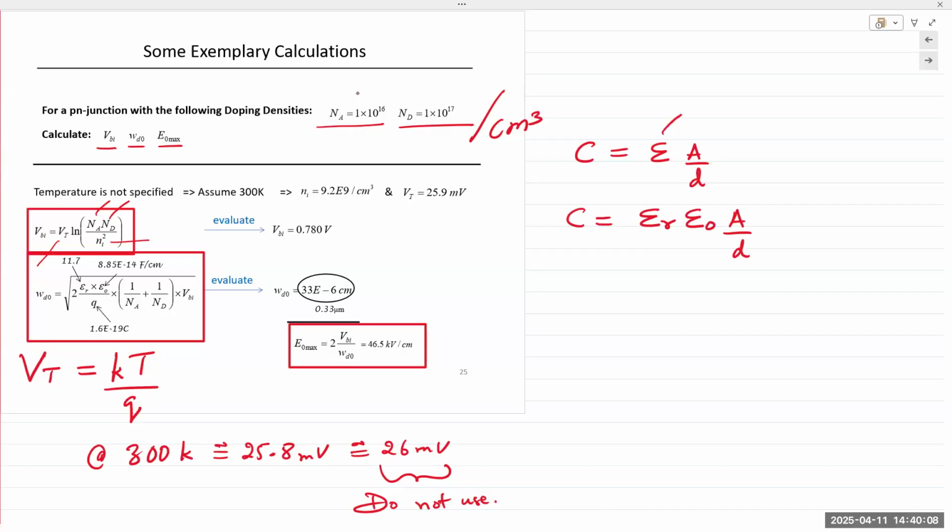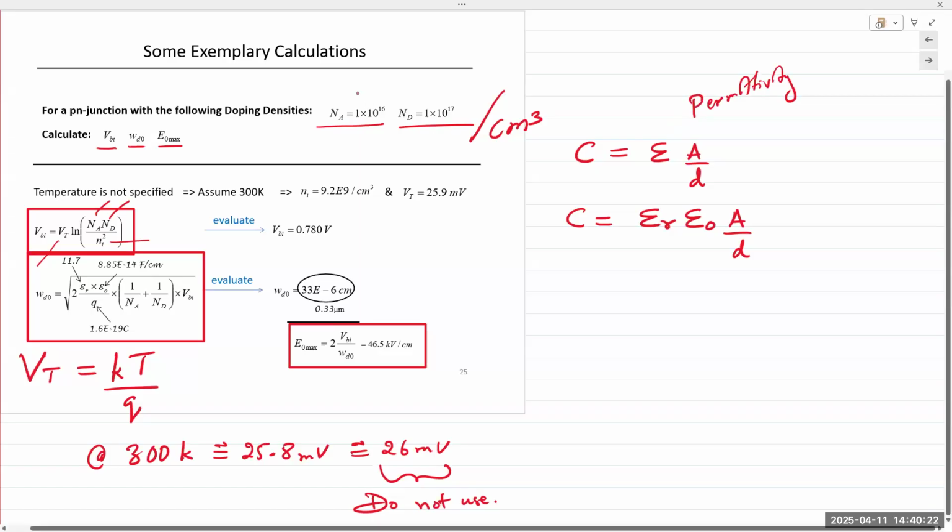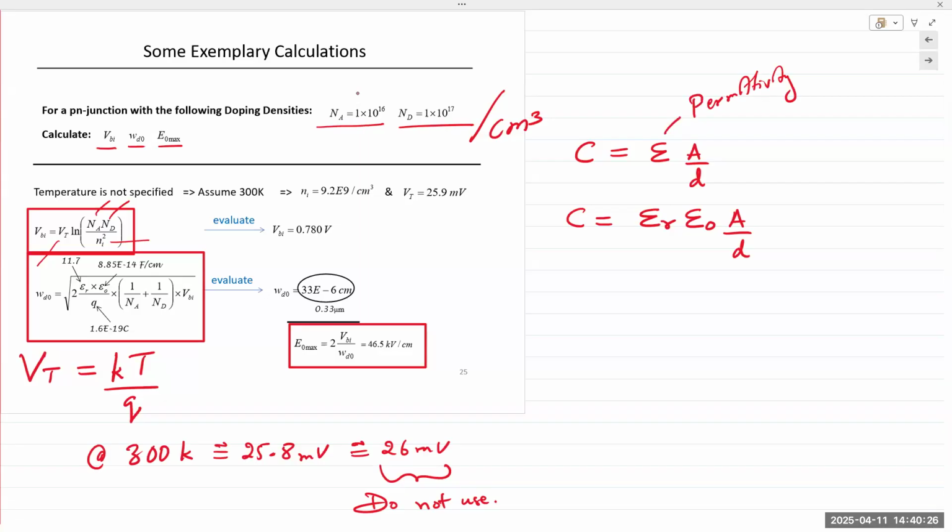Epsilon in general just refers to permittivity. It's the ability of a material to conduct, sort of. Hence, permit. A is the cross-sectional area of the two plates of the capacitor. d is the distance between the two plates.